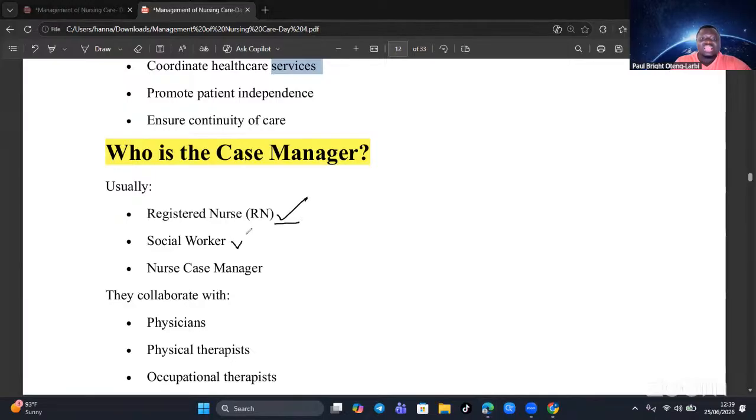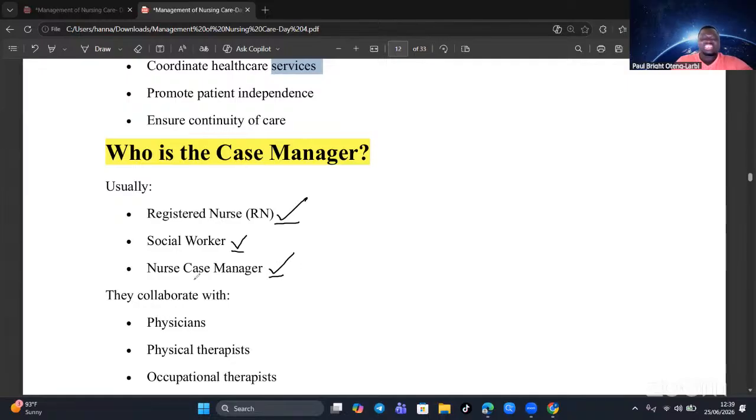If you are not a social worker, you can't specialize to become a case manager. There are some people who are case managers because some hospitals will appoint you. You have not gone to school, but they have appointed you case manager. If you want to specialize, you are already doing it, so why not? We will allow you to do it.